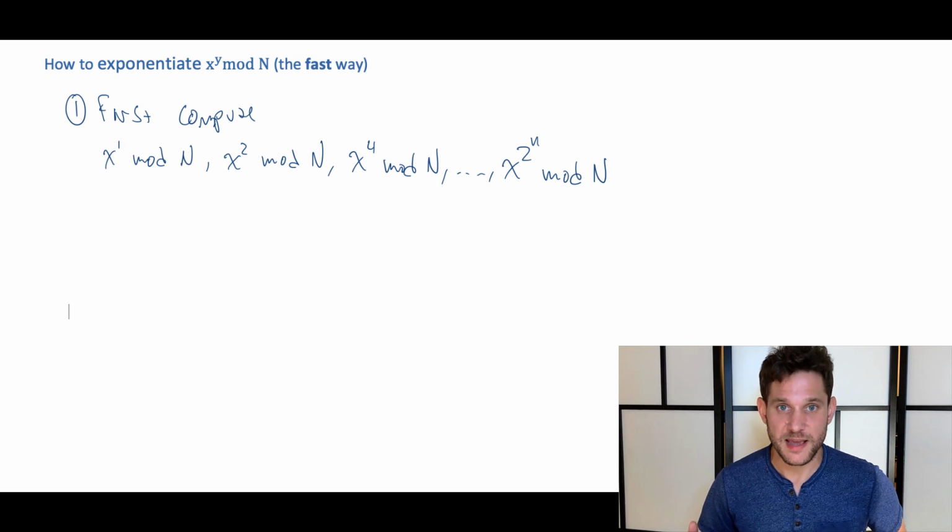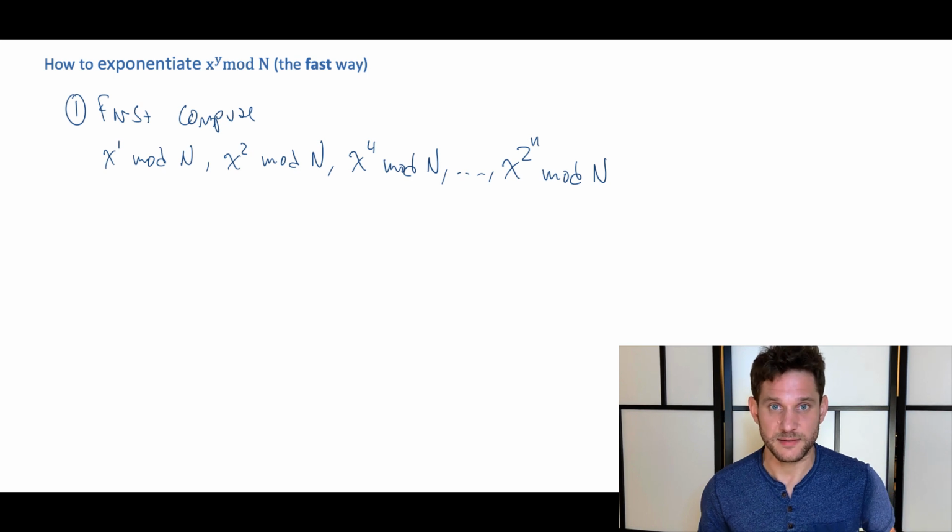And then to get x to the eighth mod n, we simply square x to the fourth mod n, and again, we take the remainder upon division by n. Each of these operations is going to be an O of n squared operation, and we do this all the way up to x to the 2 to the n. So we have to do this n times. So in total, this step is going to be an O of n cubed operation.